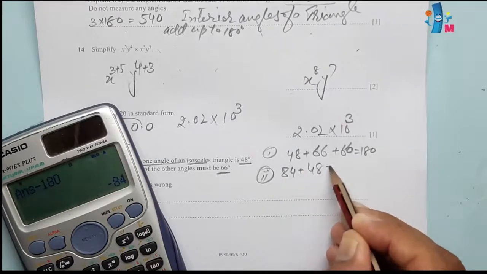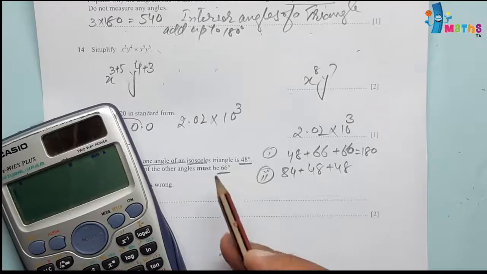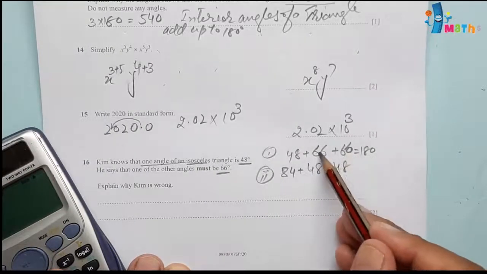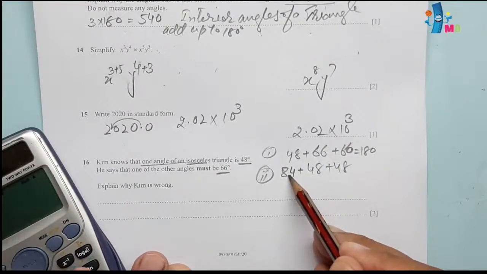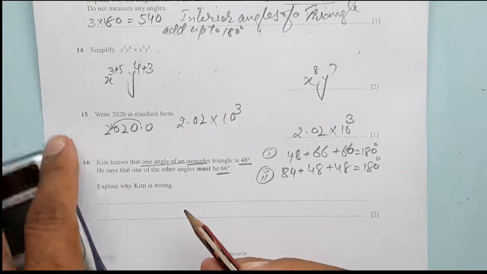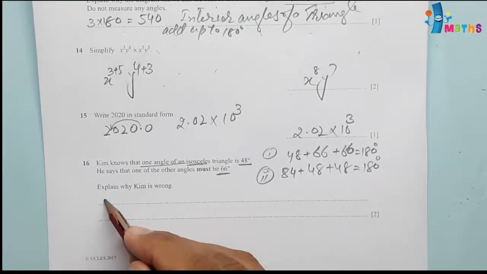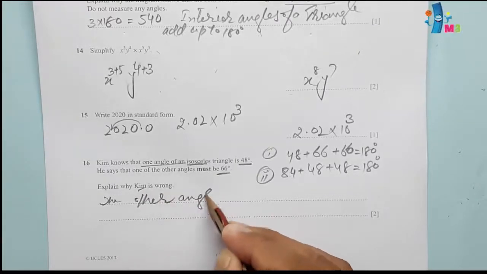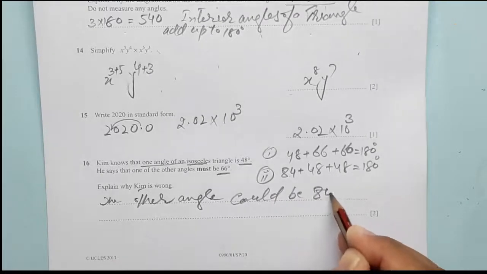Because the isosceles triangle has two equal angles, it can be 66 and 66, these two angles equal, or 48 and 48 equal, and the third angle will be 84. This will also add up to 180 degrees. So in the explanation we can write the other angle could be 84 degrees.